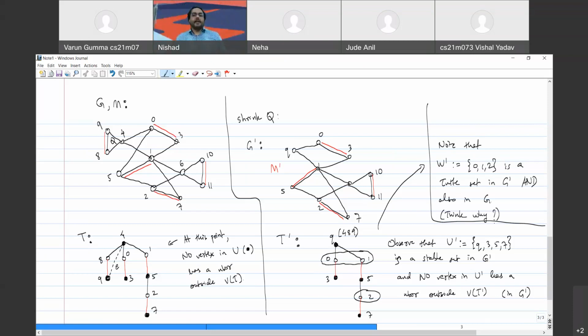Okay. So this is a situation where we find a touch set and we know that the graph doesn't have a perfect matching. Okay. All right.